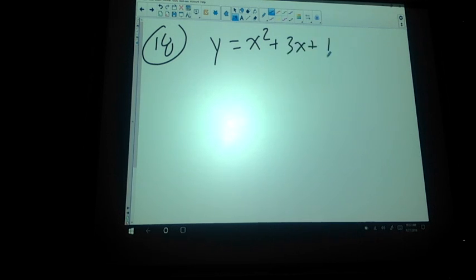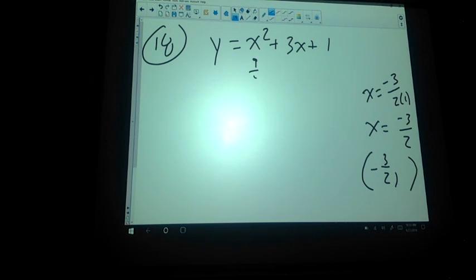Alright, number 18. So this is in standard form, so I'm going to do negative b over 2a, so negative 3 over 2 times 1. So I'm going to get a vertex of negative 3 over 2. Ew, yuck. So my x component of my vertex is negative 3 over 2. If I plug 3 over 2 in, that's going to be 9 over 4 minus 9 over 2 plus 1.